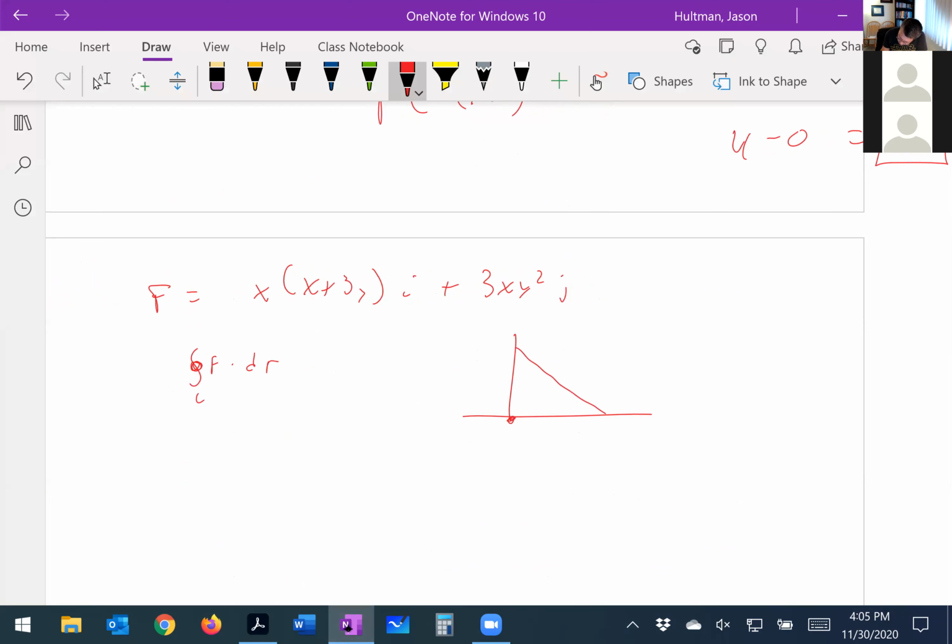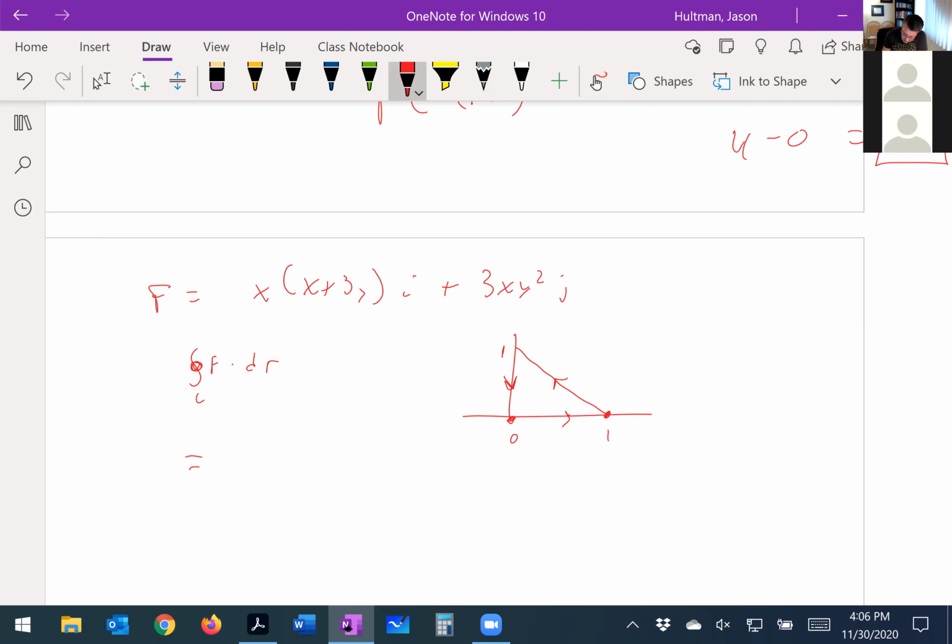I start at the origin, then move to 0, 1, which I'll call step 2. Step 1 goes from 0 to 1, step 3 goes back again. So there are 3 steps along this line integral over this force field.